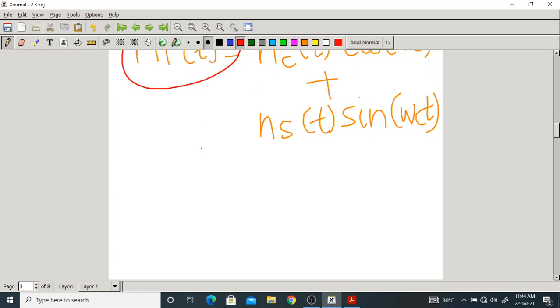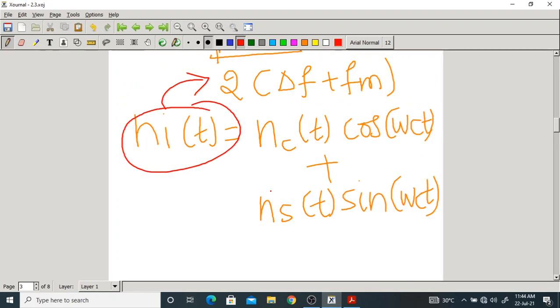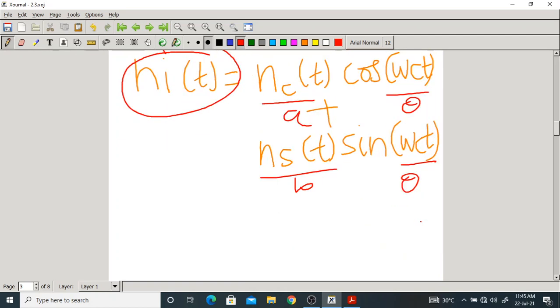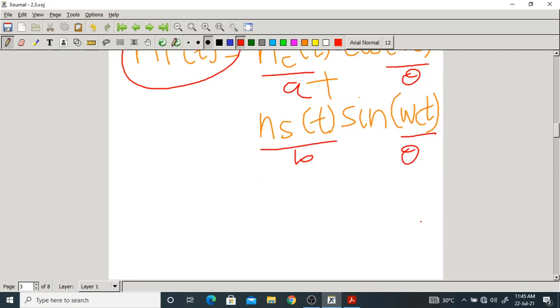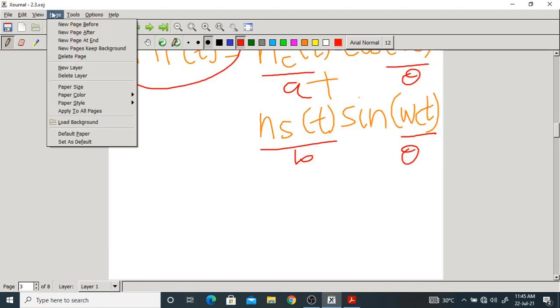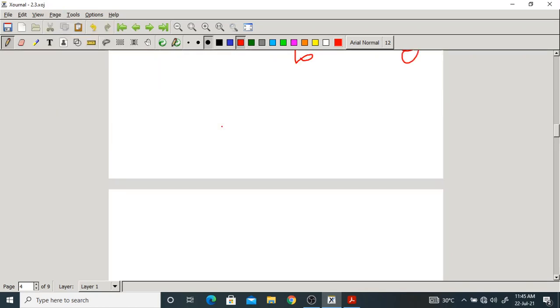Now already you know this is something like a cos θ plus b sin θ. This is the form of a cos θ + b sin θ. That can be written as square root of (a² + b²) cos(θ + φ). Are you getting what I am saying? I am writing that in the envelope form.